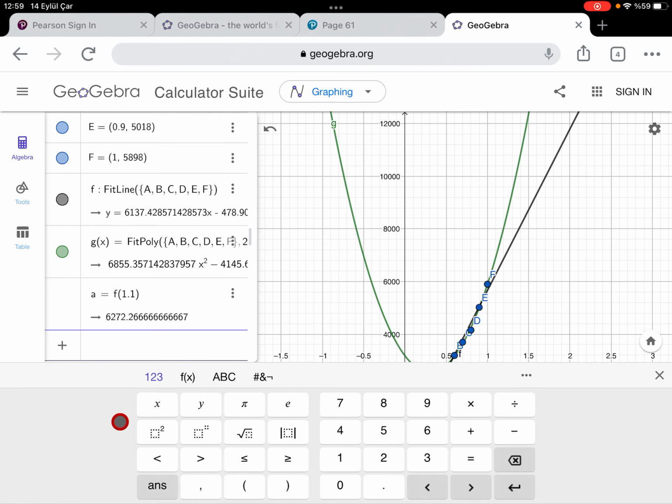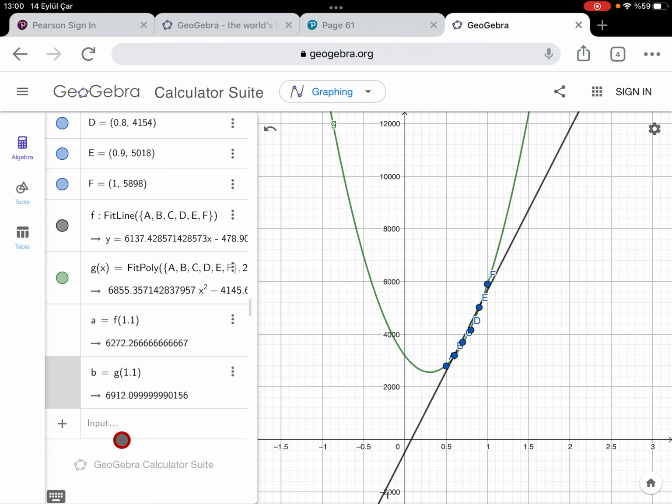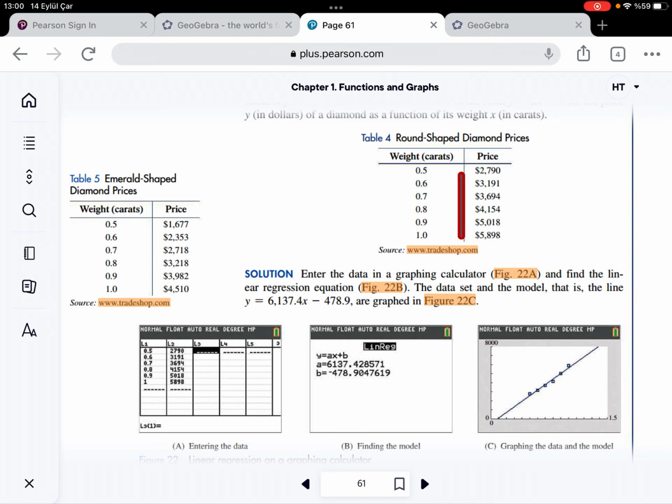By using the quadratic regression, g of 1.1, okay, let's look at this value. So quadratic regression analysis says the price will be $6,900. Okay, so there is a big difference between them, but we observed that quadratic approximation is better. So quadratic regression analysis is better than the linear regression. So most probably the price of the diamond will be this one according to this table value.